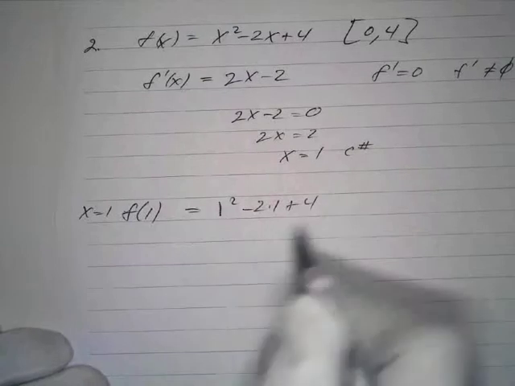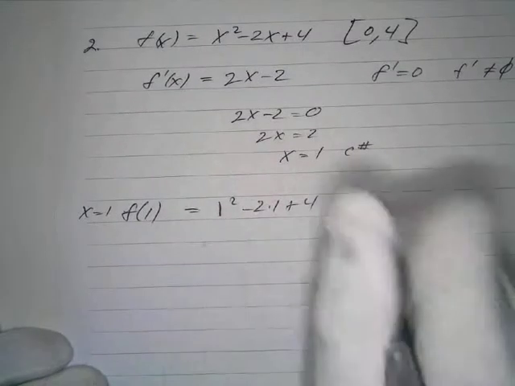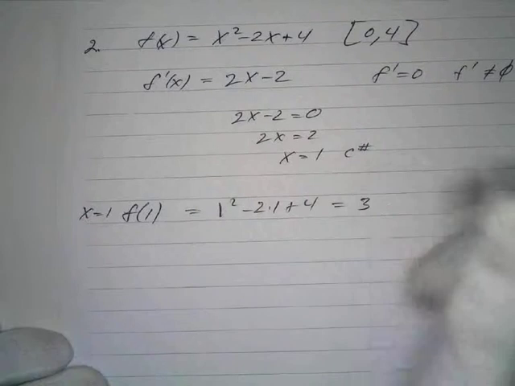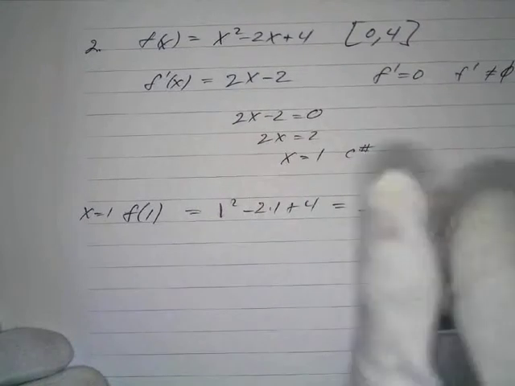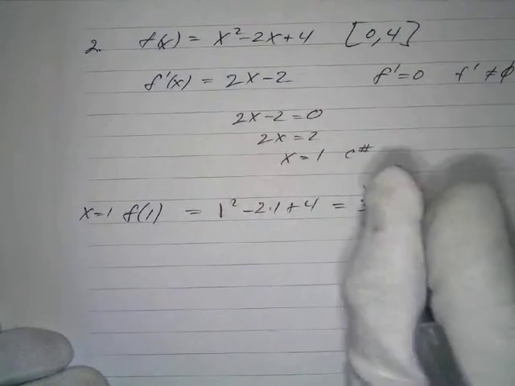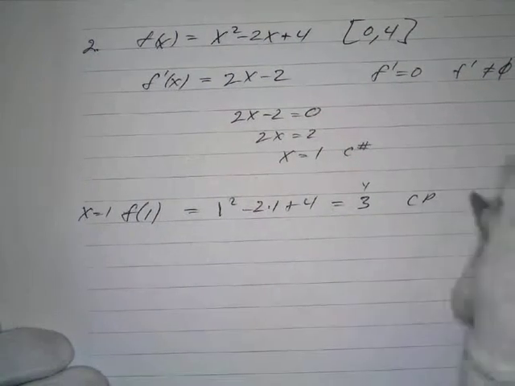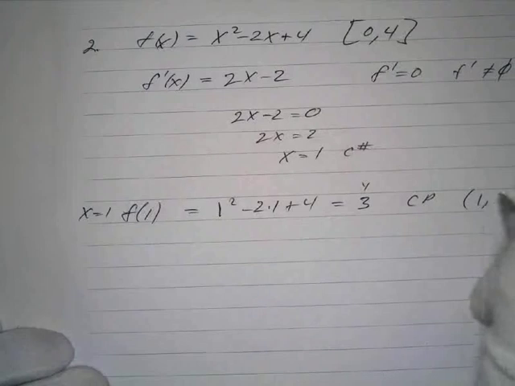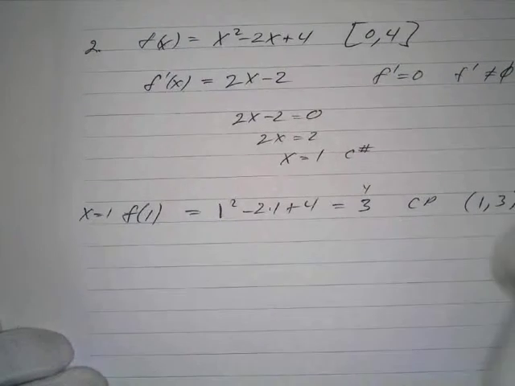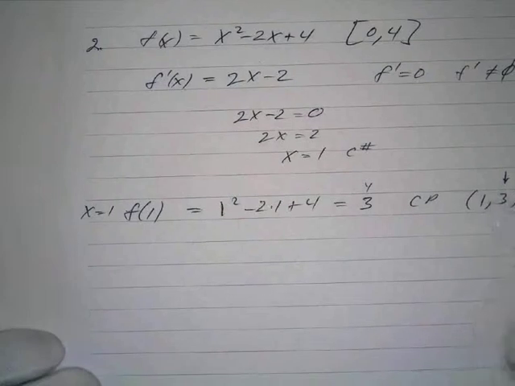That's 1 plus 4 is 5, minus 2 is 3. That will equal y, and that's at my critical point. In other words, my critical point is the point (1, 3). And there's my value right there. Critical number, critical point, critical value.